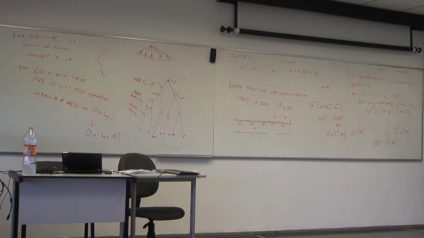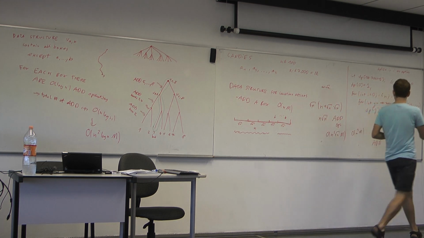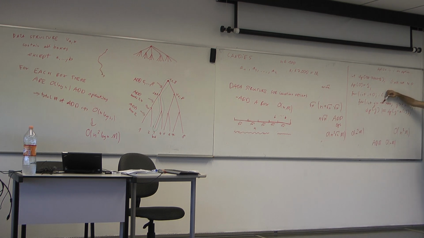So the first four you don't have, just the second. What is the question about? You are doing two loops. Where? Here. No, here. Yes. So this is n, and this is m. But when you add one more box, you don't have to do two loops again. Only one.